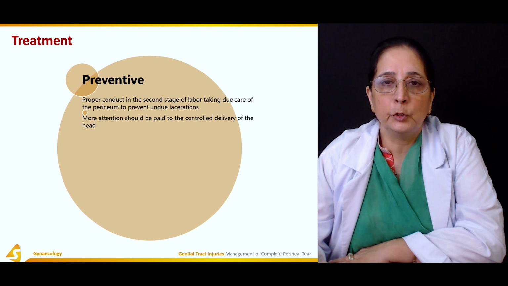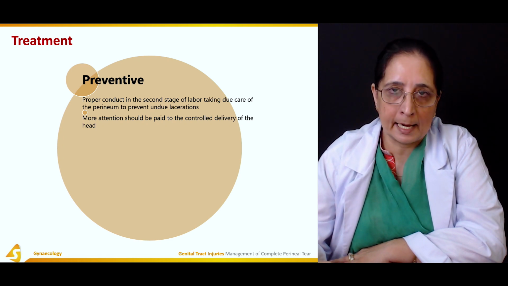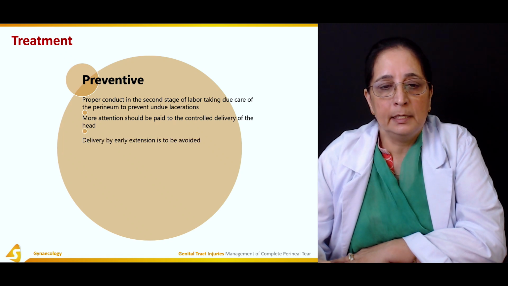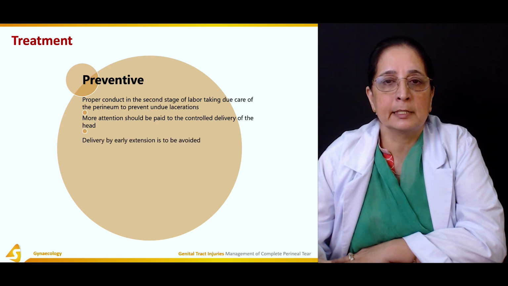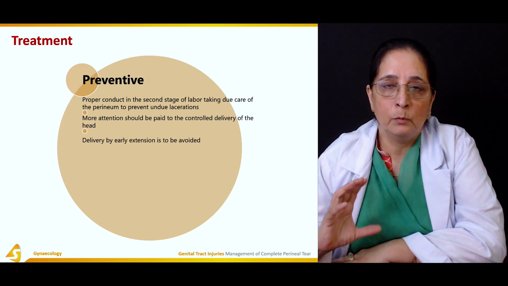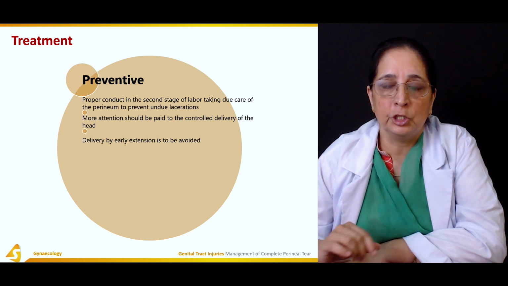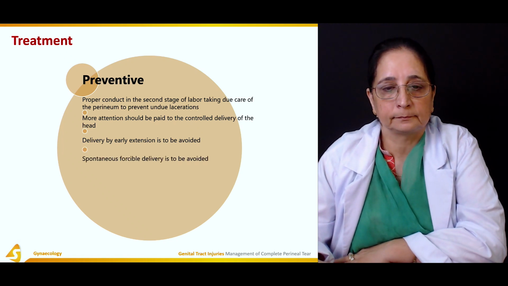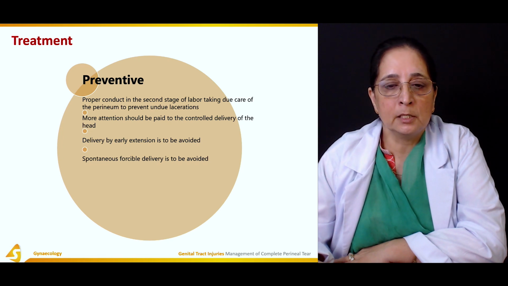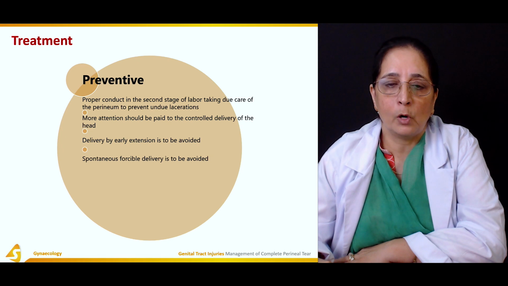More attention should be paid to the controlled delivery of the head. Delivery by early extension is to be avoided. Only when the head is out, early extension should be avoided. Spontaneous forcible delivery is to be avoided.